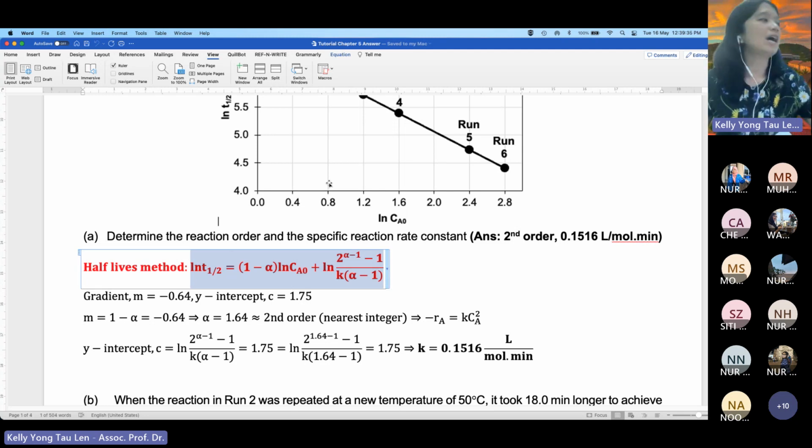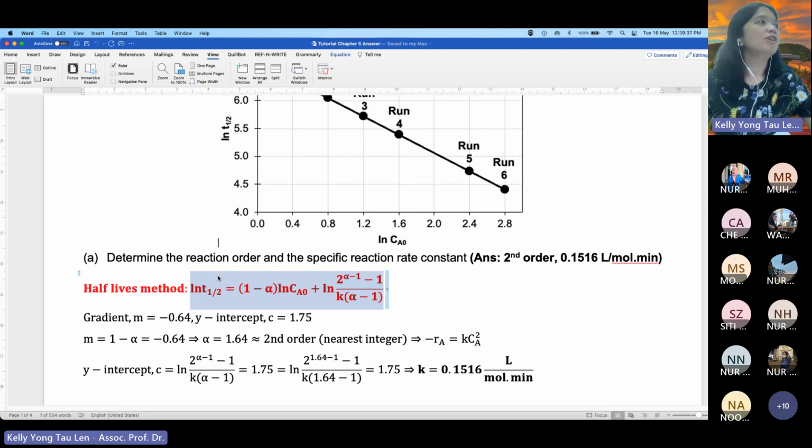So the equation is given as ln t half, which represents your y-axis, equals 1 minus alpha ln CA naught. So your ln CA naught is your x. Hence, 1 minus alpha will be equal to your gradient. Okay. And of course, the back part, plus ln 2 power alpha minus 1 per k alpha minus 1.